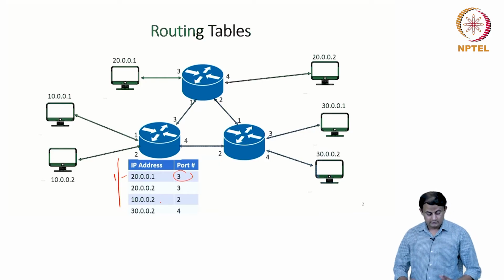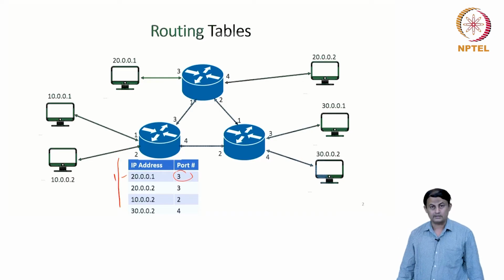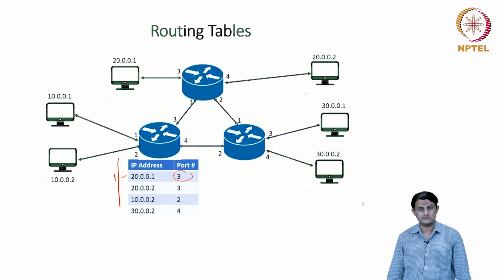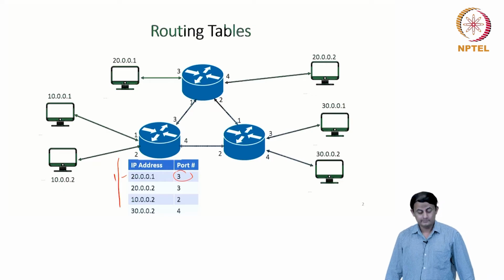Every router in the network has such routing tables. The routing algorithms periodically exchange information about their neighborhood and connectivity, and then come up with such a routing table.